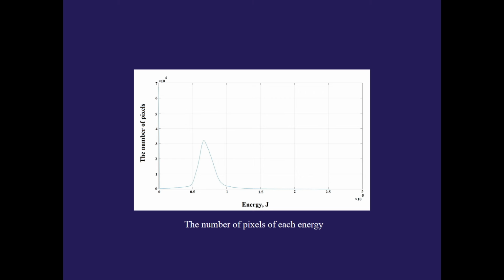Then we converted the relative units into real ones. We remember that we are given the initial value of the total real energy of the laser spot, 5 joules in our experiment. We divided the real energy by the entire sum of the relative energies and then multiply by the hue element. We replace the numbers of the shades of gray with real energy values and get a graph, which you can see on the slide.